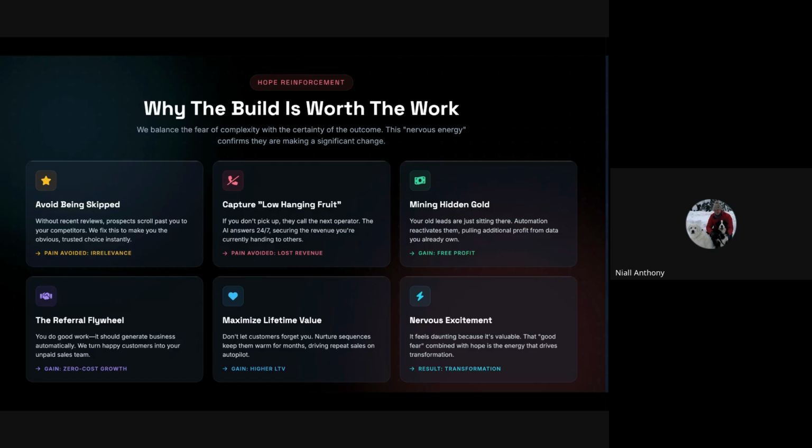I drop in a little sprinkle of hope and outcome to keep them excited, hopeful, but a little bit nervous.